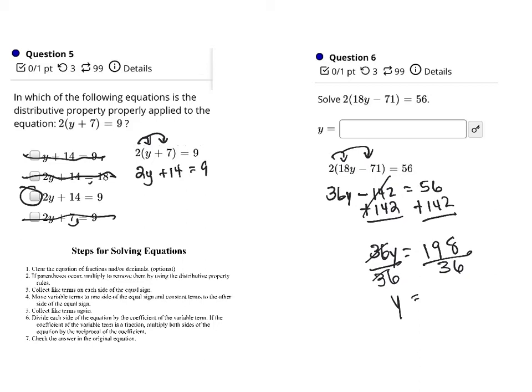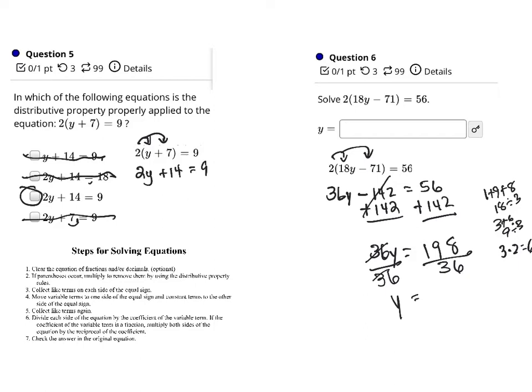Remember, the trick for 3 is you add up the digits, 1 plus 9 plus 8. 9 plus 8 is 17, plus 1 is 18. If 3 will go into 18, then 3 will go into 198. So 3 plus 6 is 9, and 3 will go into 9. So 3 will work. Well, if 3 and 2 work, then that means 6 works.